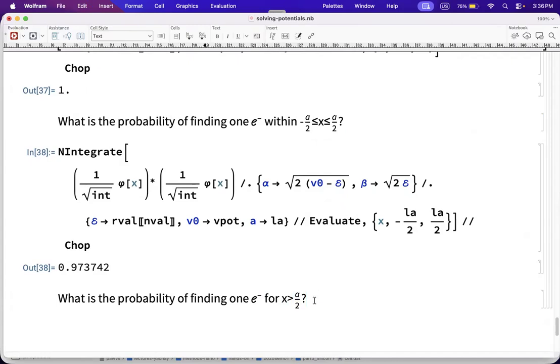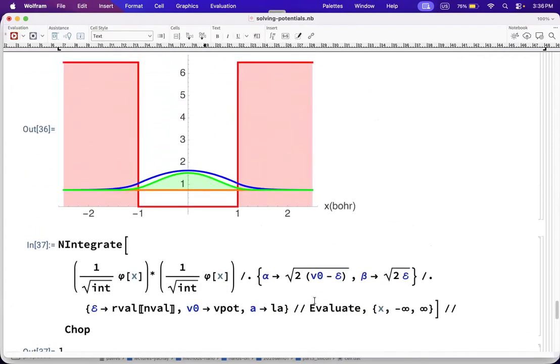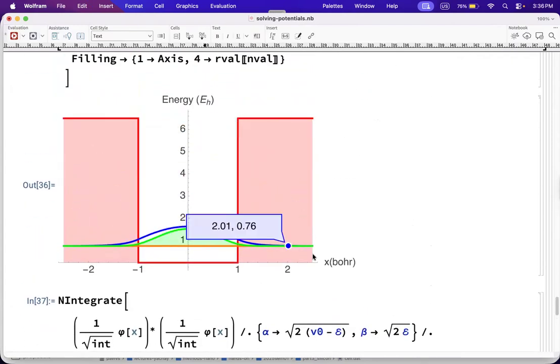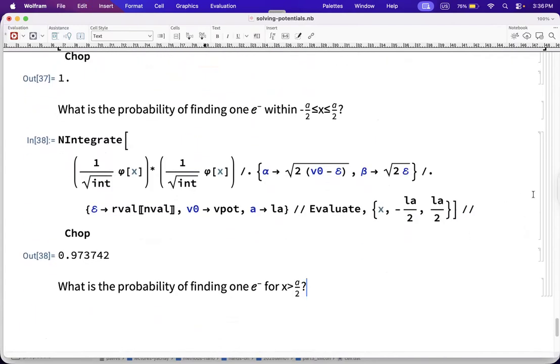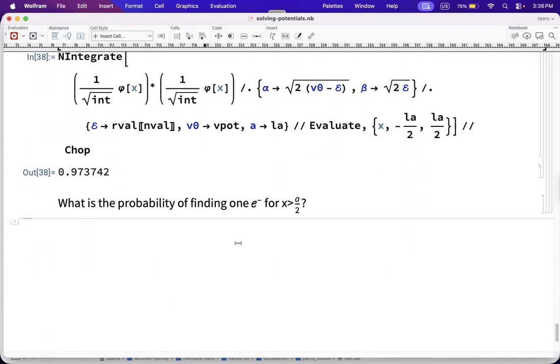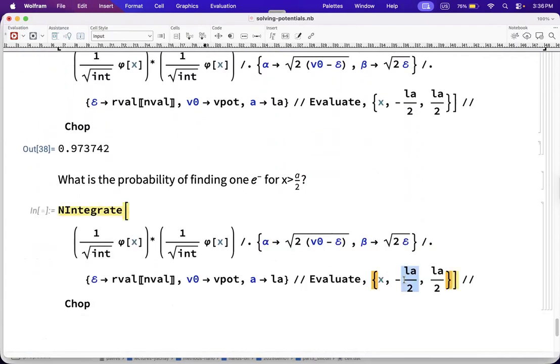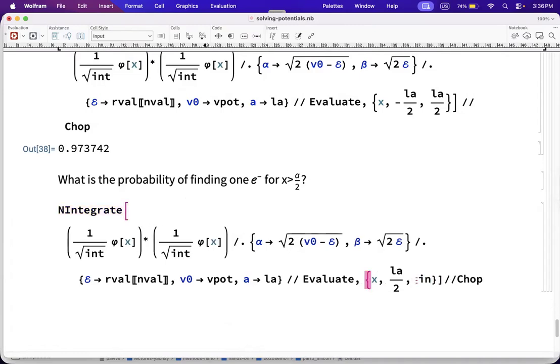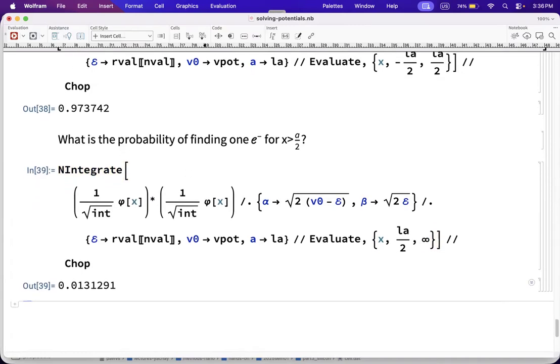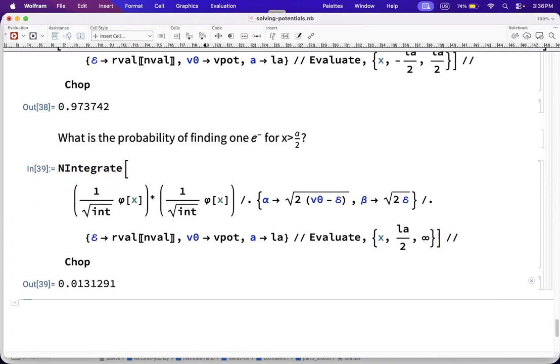So we want to know the probability of finding the electron in this region. How to do it? You can predict how to do it. This will be from A over 2 till infinity. Okay, so that's the probability of finding the electron on the right side of the potential here.